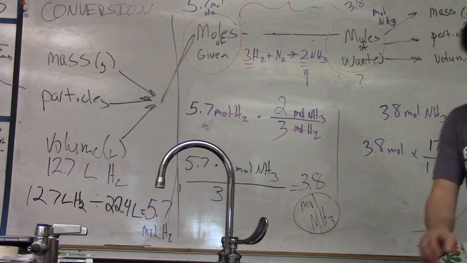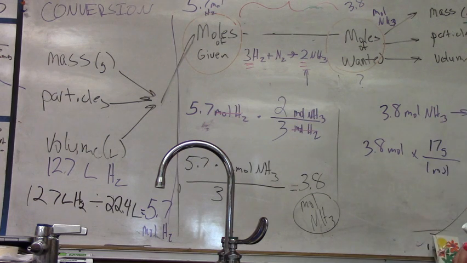So then 64.6 grams of NH3 will be produced.